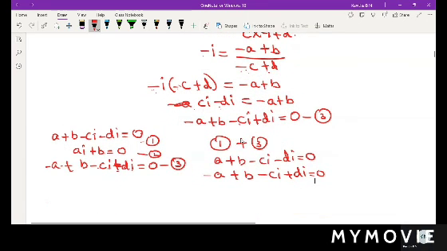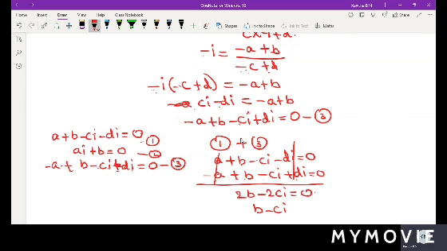Then here plus a and minus a get cancelled. Plus di and minus di get cancelled. Plus b and plus b is 2b. Minus ci and minus ci is minus 2ci is equal to 0. Then b minus ci is equal to 0. Call it as equation number 4.